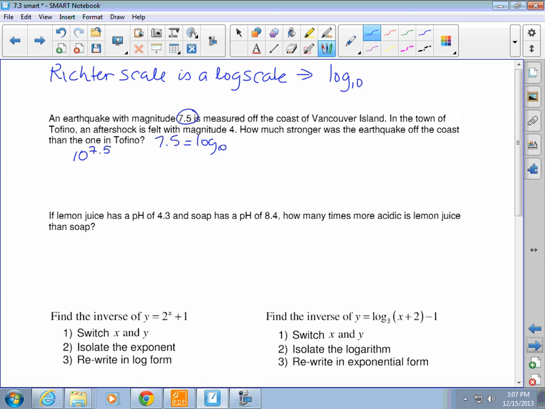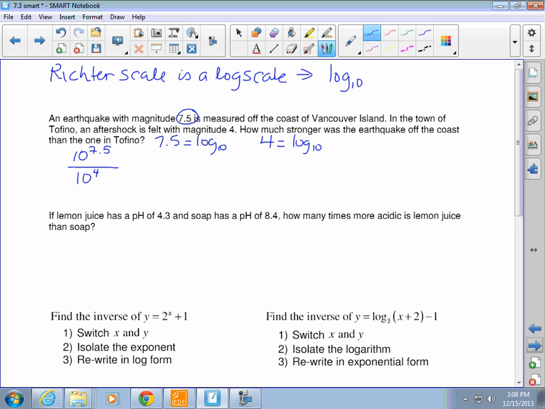And if we want to see how many times stronger that was than the magnitude of 4, then you're just going to divide. How many times stronger is a 7.5 magnitude than a 4 magnitude?